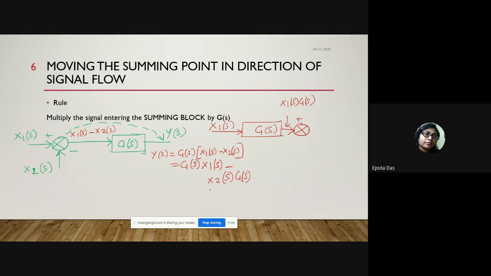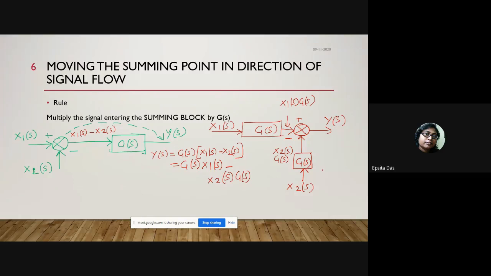If I arrange this signal here, I can get the same output from the whole system. So I have to put x2s into gs here. If I put a gs block here and put the x2 signal over here, then only the ys will be the same.